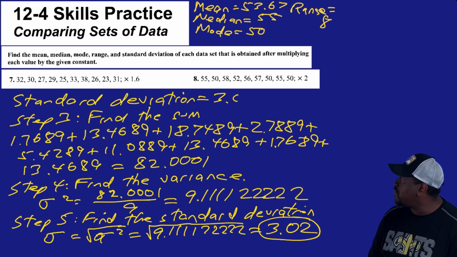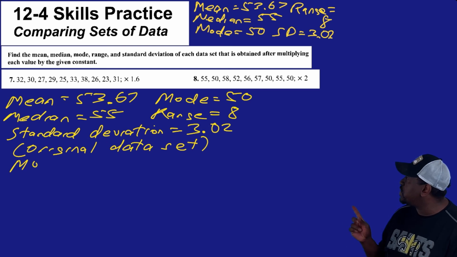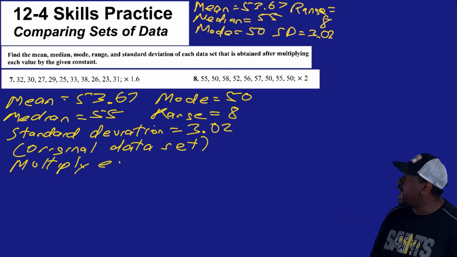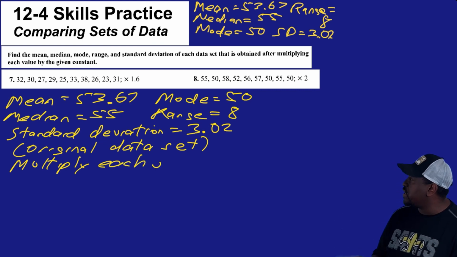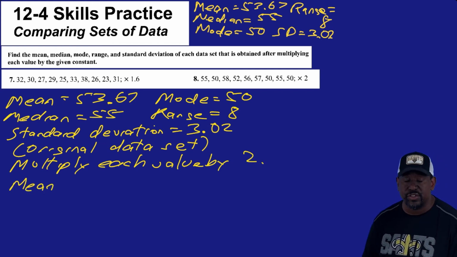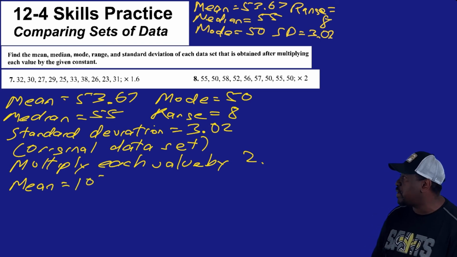So now we have the mean, median, mode, range, and standard deviation, which are right here in the top, right here in the corner of the problem. And I rewrote it again here. And so now to get the mean, median, mode, range, and standard deviation for the new set of data, after multiplying by 2, we multiply all these values by 2.